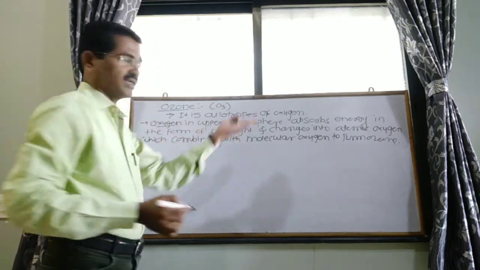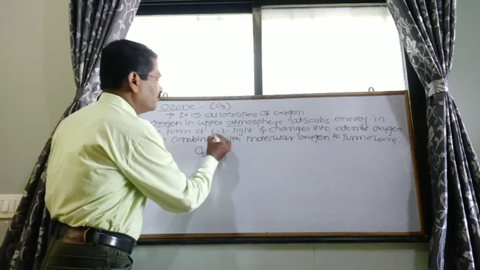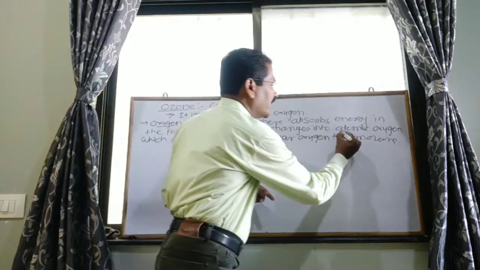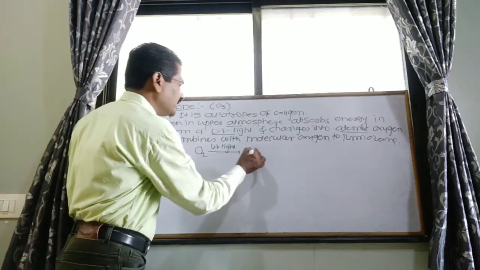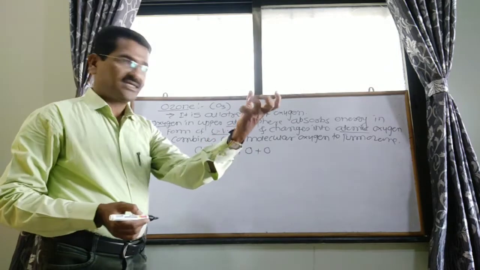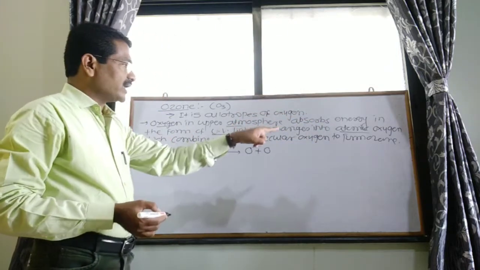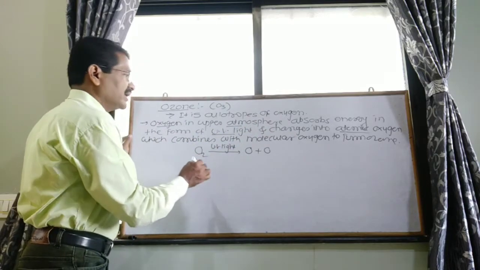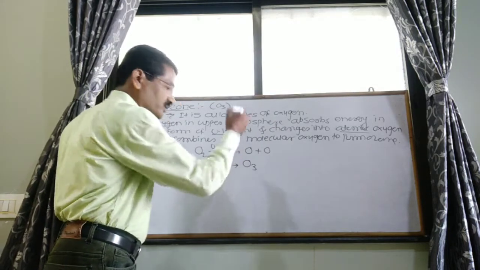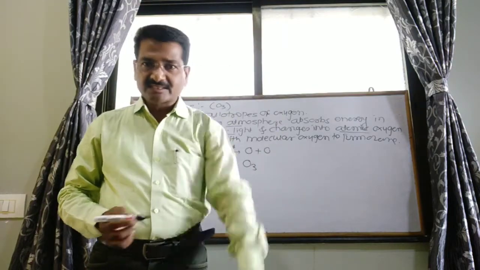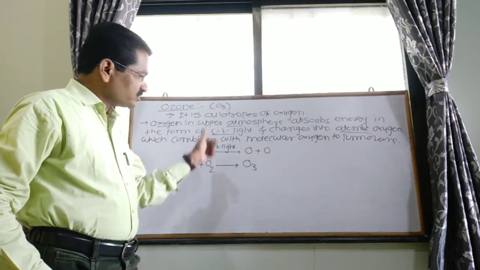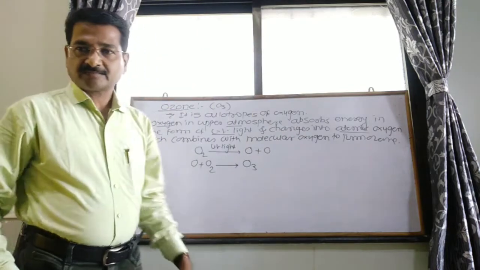Oxygen in the upper atmosphere, O2, absorbs UV light and converts into atomic oxygen, O. That atomic oxygen combines with molecular oxygen to form ozone.